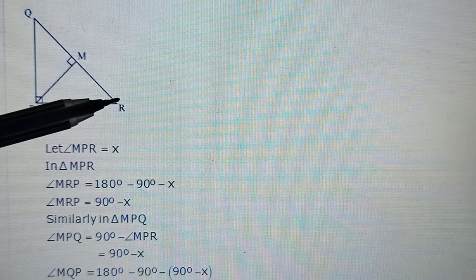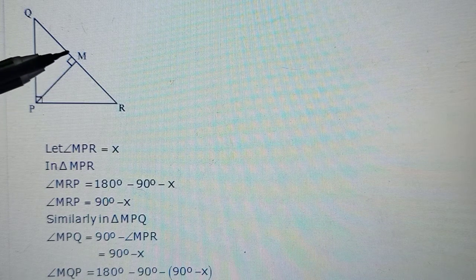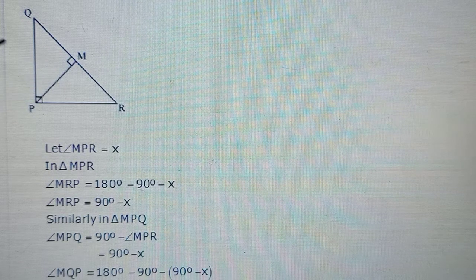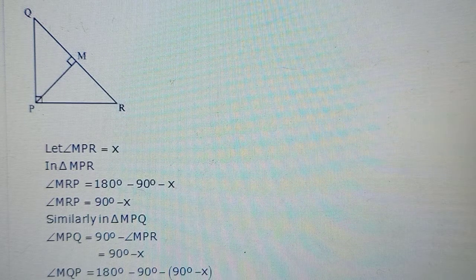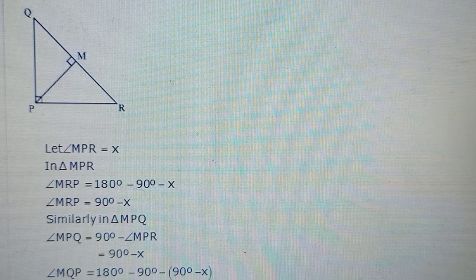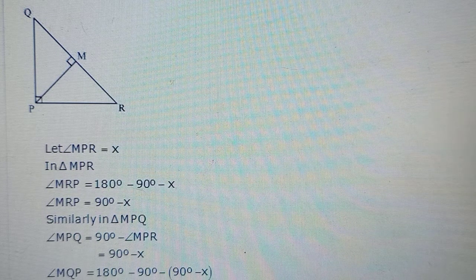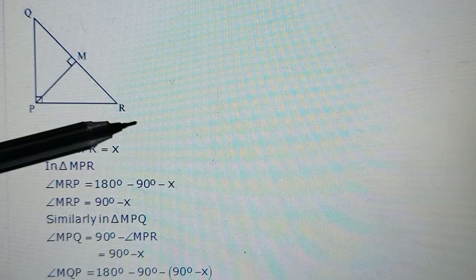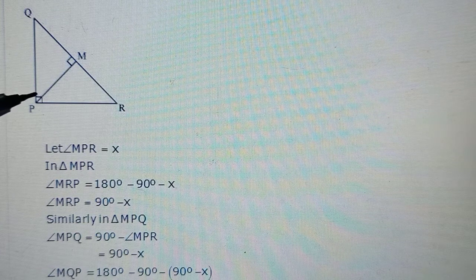This was the given right angle triangle, and then this perpendicular is making two more right angle triangles. All these three triangles come out to be similar. A number of times this fact will help you prove your questions or come to some conclusion. So keep that in mind, that in a right angle triangle, when you drop a perpendicular from the right angle to the hypotenuse, you get similar triangles.